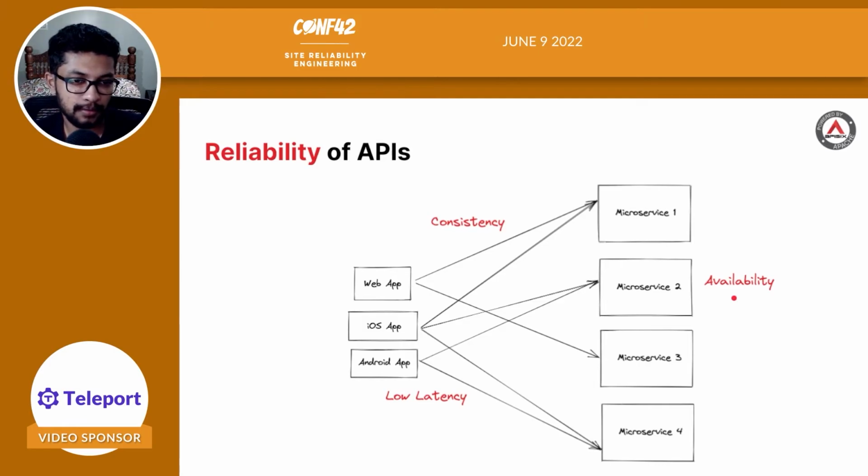A service with a high latency is almost equal to a service that is not working. For a client or for a consumer, it basically translates to a failed application. So latency is also an important factor when it comes to reliability. And security: secure APIs and secure services are the pillars of reliability when it comes to APIs.